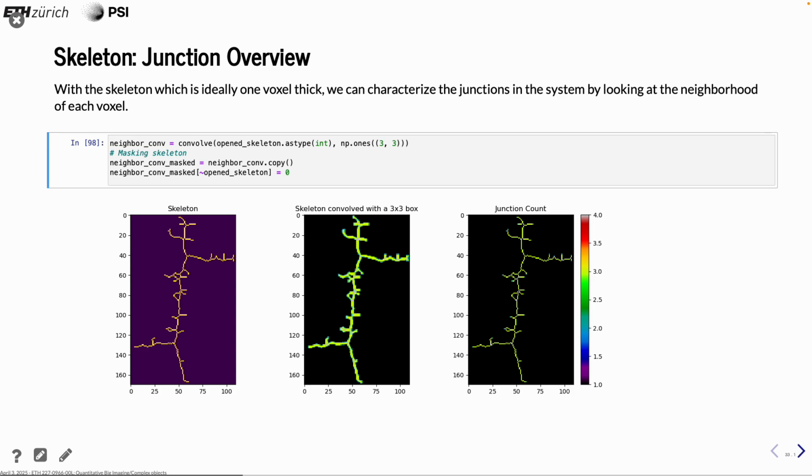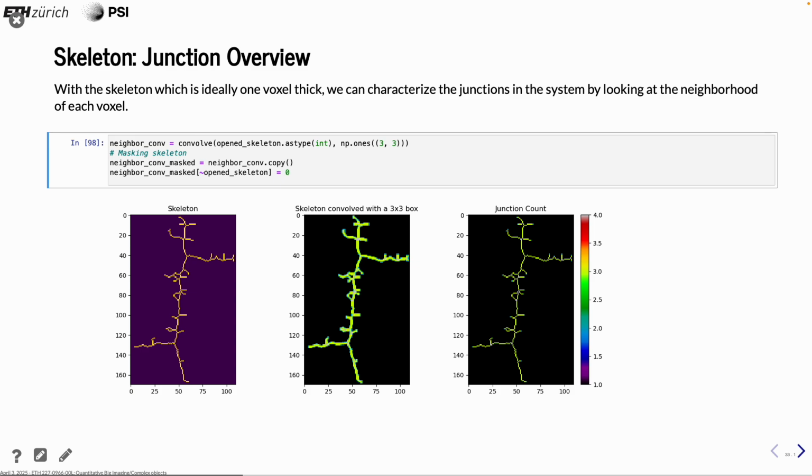So this junction computer is in principle that we convolve with a 3x3. Then, of course, the skeleton also turns a bit wider, which we don't want. So instead, we remove all pixels that do not belong to the original skeleton, and then we get something like this.